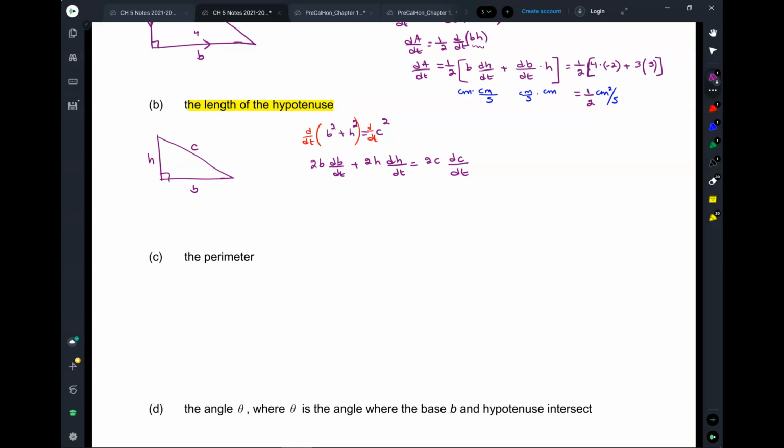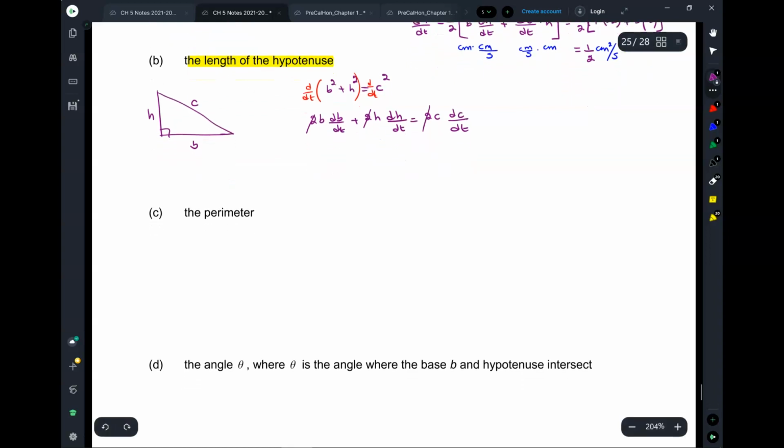Now I can cancel out all the 2's. So let's see if I have values to plug in here. Do I know what B is? I did, because it was supposed to be 4. And H was 3. Oh, shoot, but I don't know what C is. But wait, can I find out what C is at that point? Yeah. How much would it be? 5.